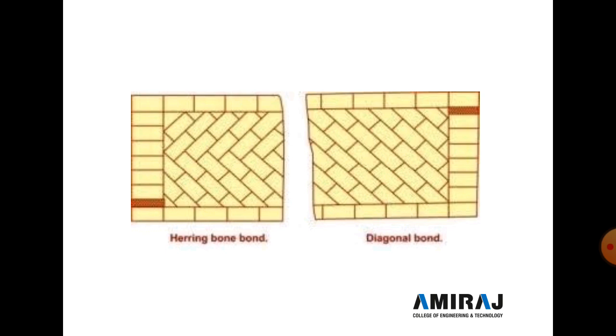From the center of the wall, the bricks at the bottom part are laid in one direction at 45 degrees, and above the center part the bricks are put at 45 degrees in the opposite direction. So herringbone is different from the diagonal bond, in which all the bricks are laid at 45 degrees in the same direction. These are the main differences between the herringbone and the diagonal bond.